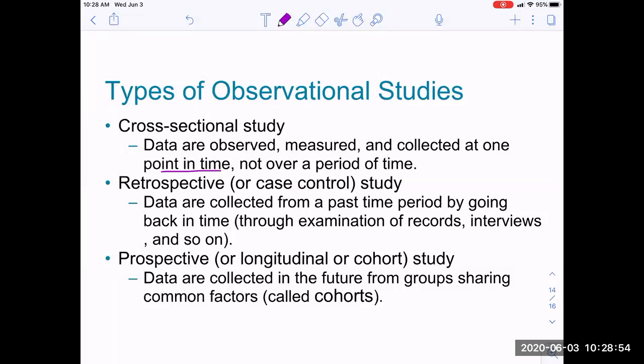I would be going back and trying to collect data from the past up till now. I always think of prospective, I always think of longitudinal. That would be, for instance, you would be a cohort of statistics students. How successful are you going to be when you transfer to a university? We would continue to study you throughout your university career.